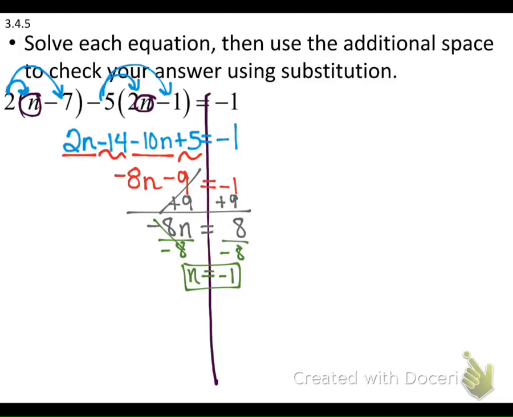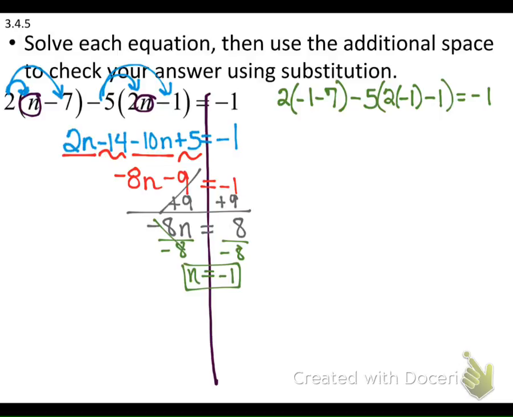Negative 1. So I'm going to put 2 times parentheses, negative 1 minus 7 minus 5, parentheses, 2. What do I have to put around that negative 1 now? Parentheses, minus 1 equals negative 1.